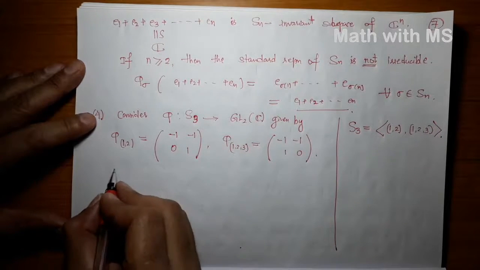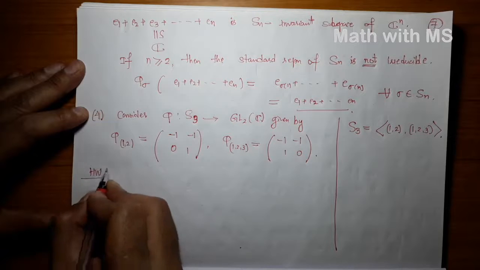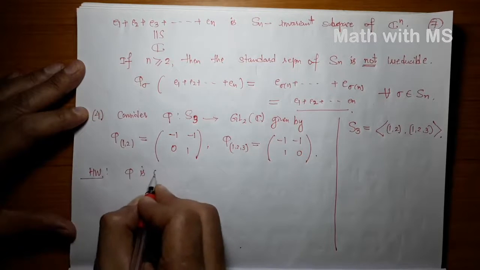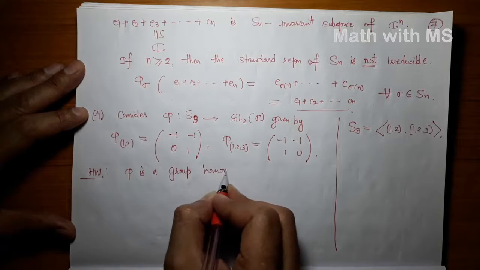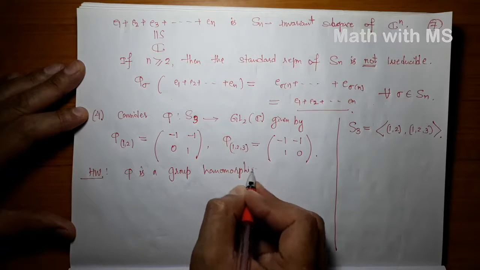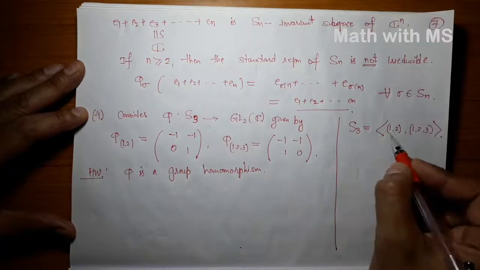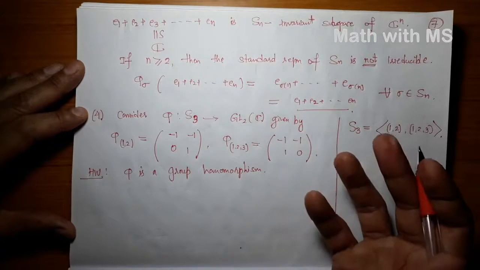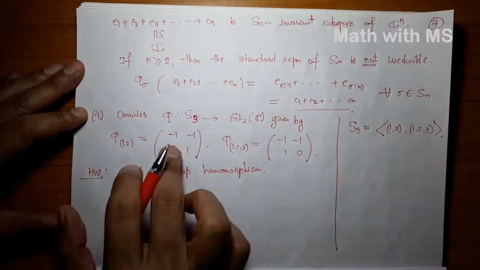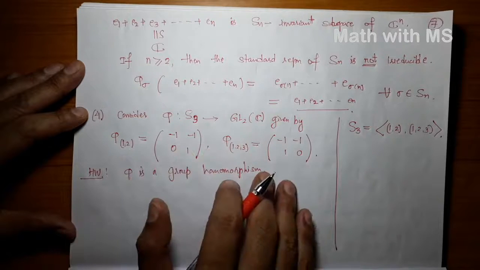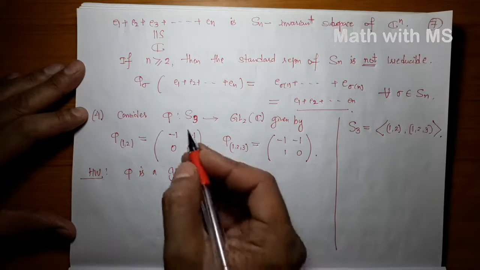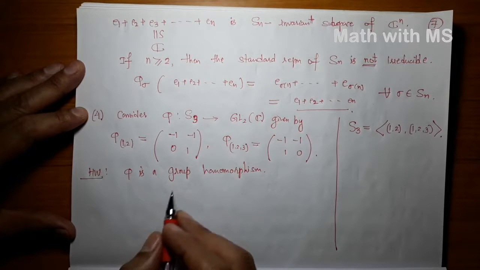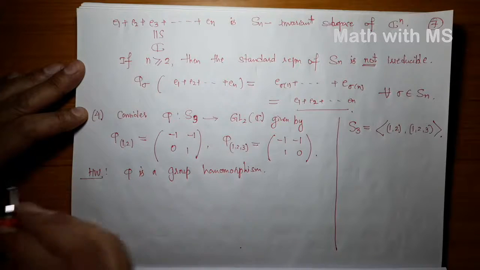Okay, so I leave it as homework for you to check that phi is a group homomorphism. You see S3 is generated by these two elements, but there are some relations that need to be satisfied. You need to make sure that those relations are satisfied here, right? So phi is a group homomorphism, so phi is a degree 2 representation of the symmetric group on 3 letters.